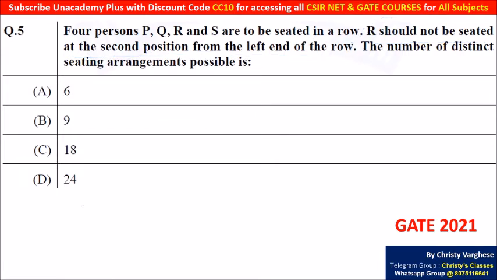So here actually there are 2 ways of doing this question. Either finding all the possibilities where R cannot sit on the second place, or the easier way is to find the total possibilities minus the possibilities where R sits on the second position.